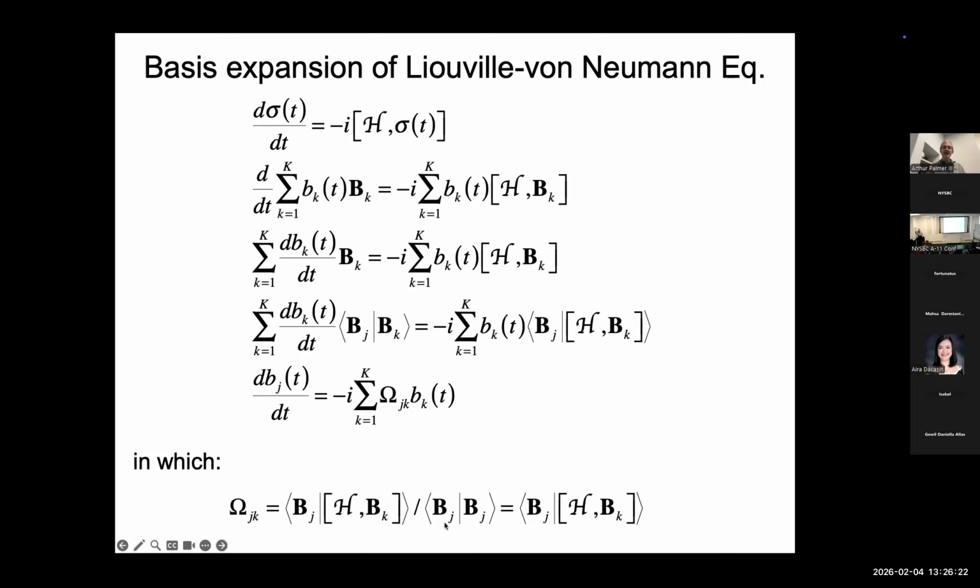And this is why you might wonder, why do I divide by b sub j's magnitude? Why not b sub k's? But whatever we normalize the operators to, the entire basis has to be normalized to the same thing. So it doesn't matter whether I thought I should divide by the magnitude of b sub j or the magnitude of b sub k.